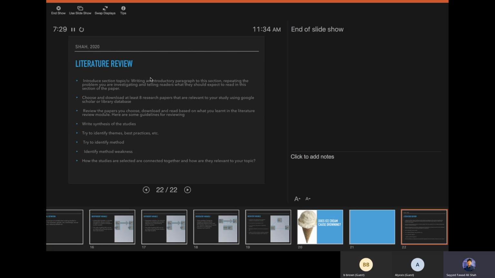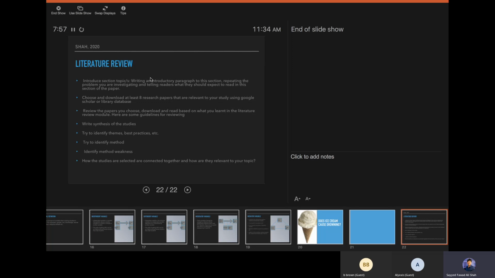Now, for her literature review, college students, social media usage, and information seeking are some key terms. So when she's doing her literature review, she will try to find studies that have covered these topics or include these keywords or concepts or variables in their study.